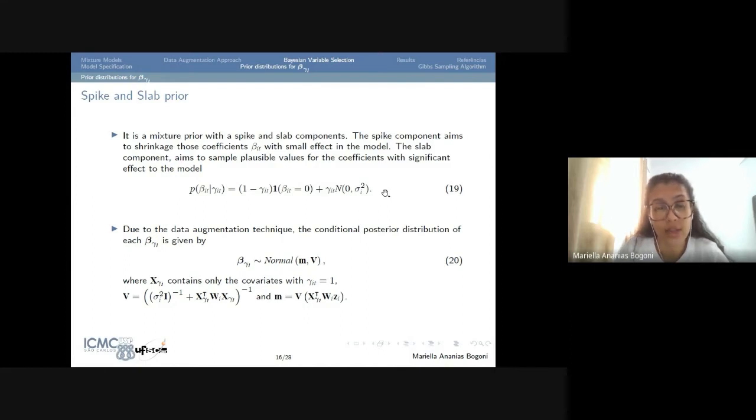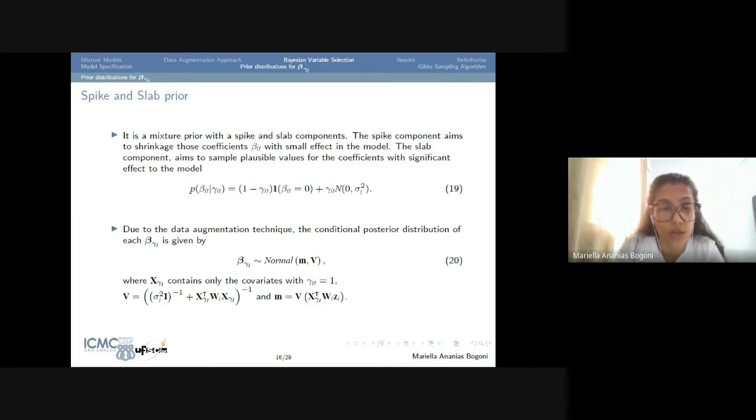But in this case, note that since we are updating from the posterior only the regression coefficients with indicator gamma it equal to 1, considering this spike and slab prior for the regression coefficients is equivalent to considering a multivariate normal distribution for the vector beta gamma I, which represents only the slab component of the spike and slab prior.